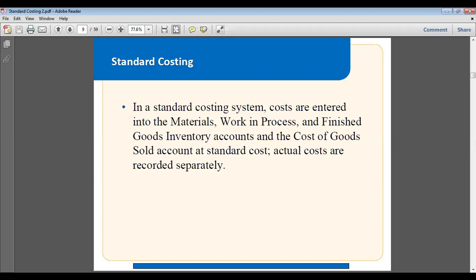That means we have to take the cost of the material, how much cost is involved while making the work in process, and the finished goods inventory cost, that is, how much finished goods are stored in our factory for dispatch.